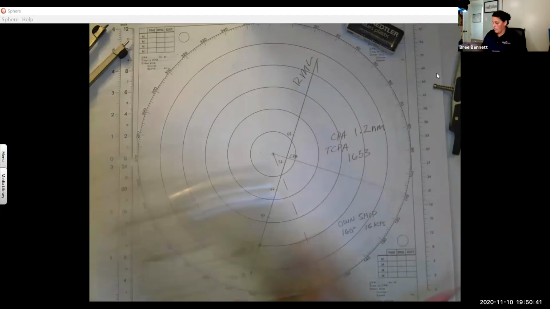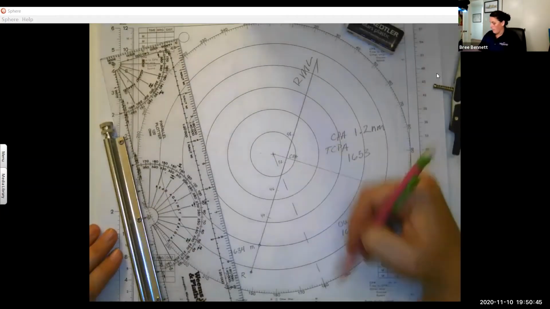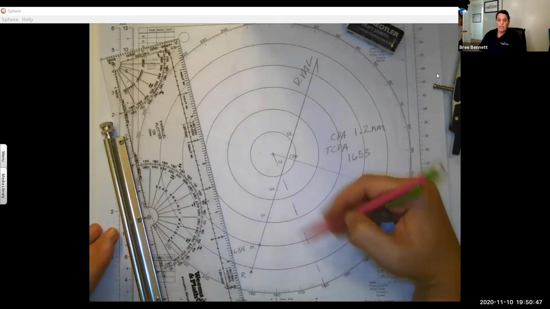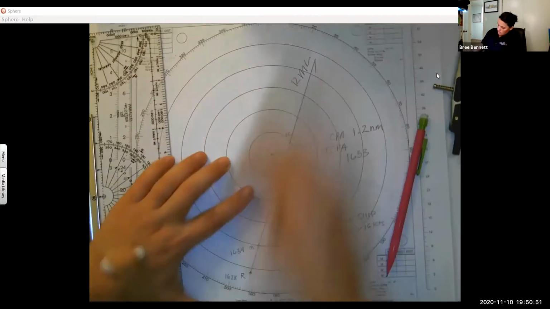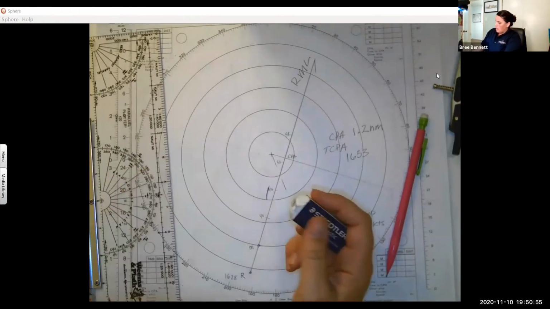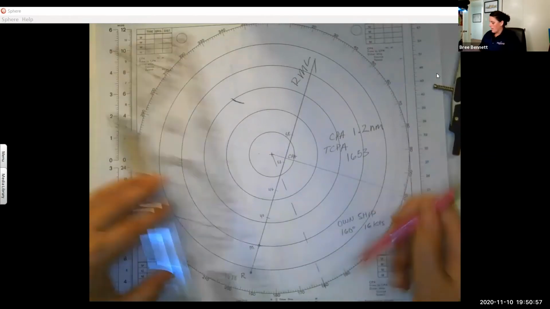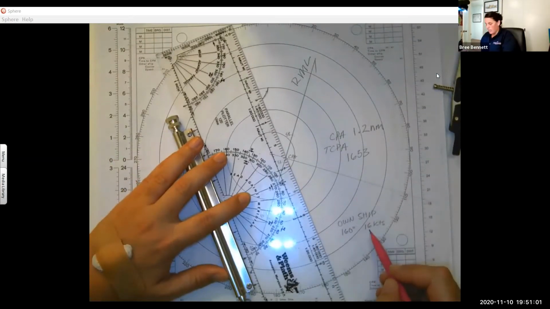So how I do that is I transfer my heading flasher, right? The other piece of information we know is what I'm doing. So let me erase 16 there. My heading flasher is 160 at 16 knots.